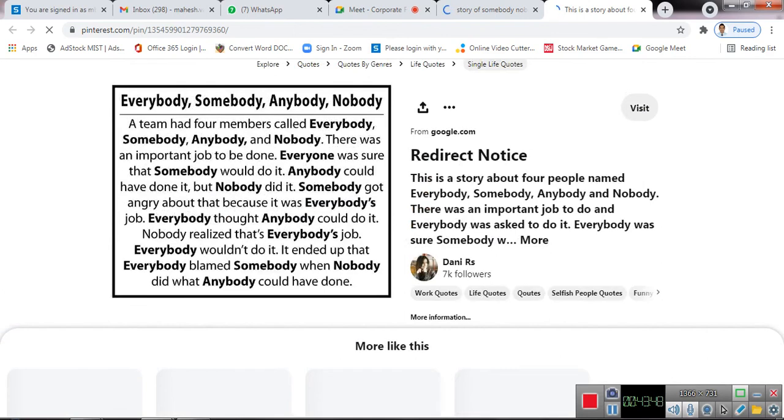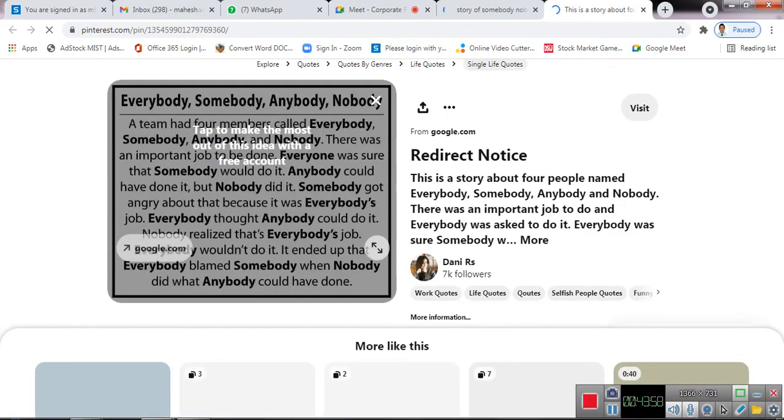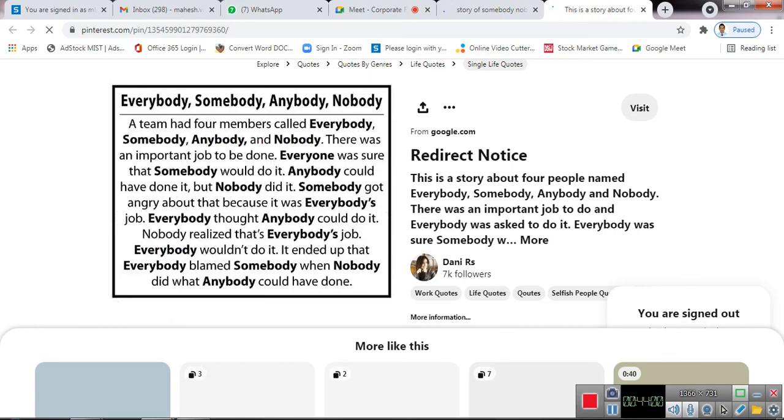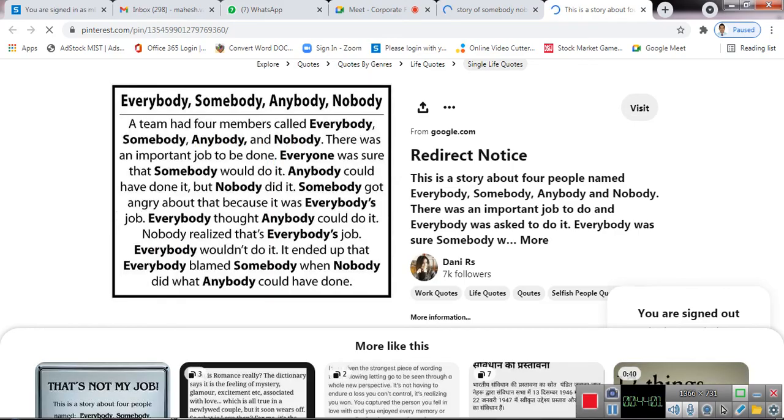A team had 4 members called everybody, somebody, anybody and nobody. There was an important job to be done. Everybody was sure that somebody would do it. Anybody could have done it, but nobody did it. So beautiful, right?